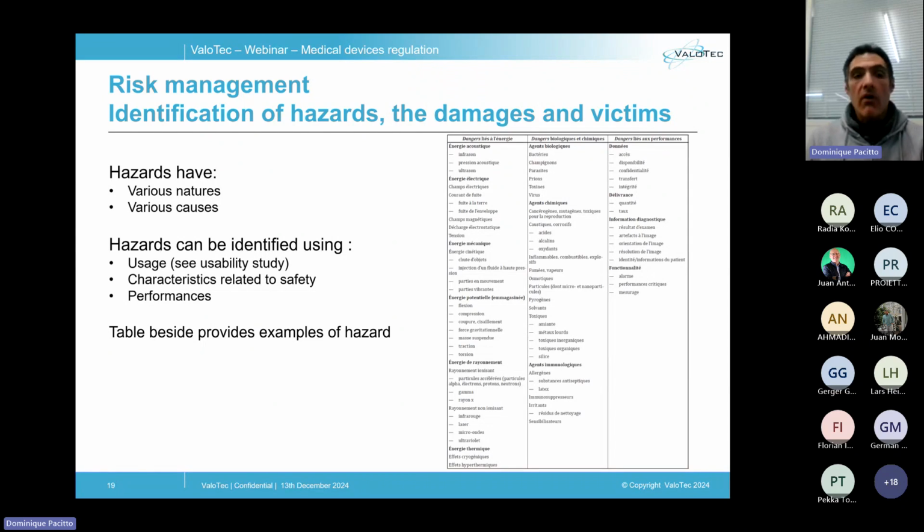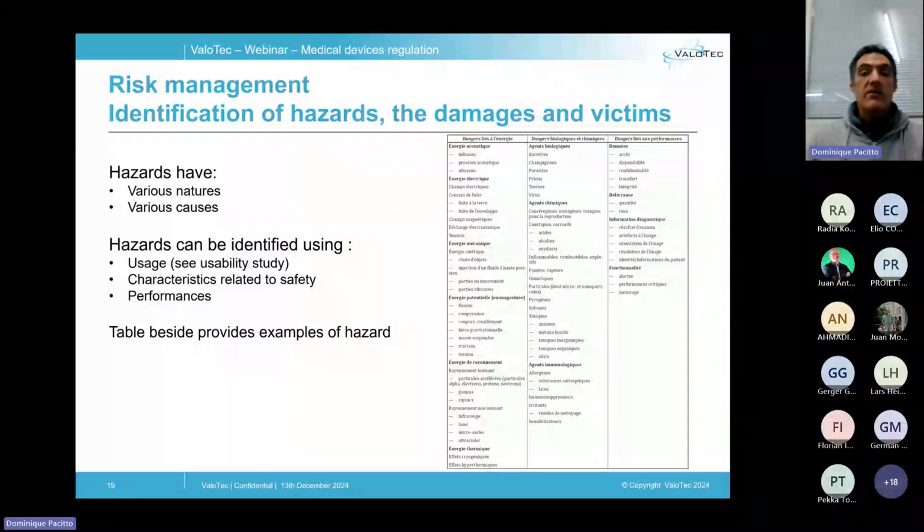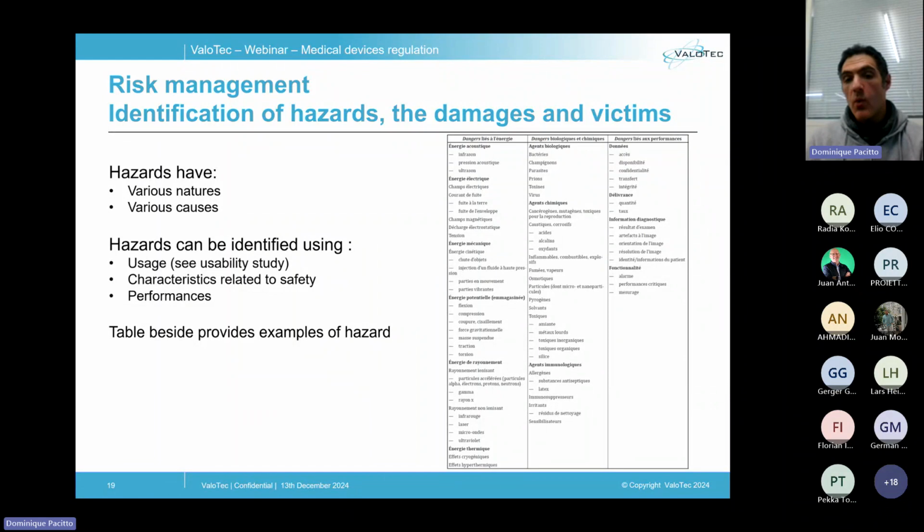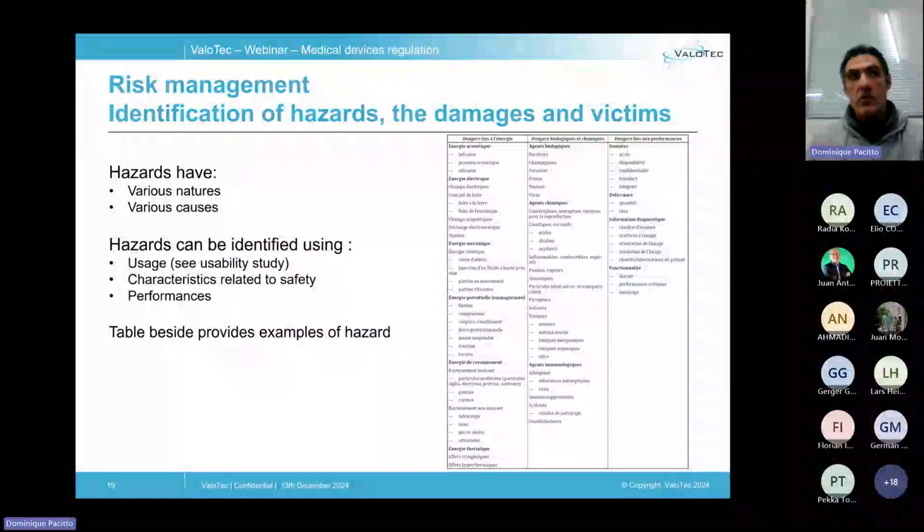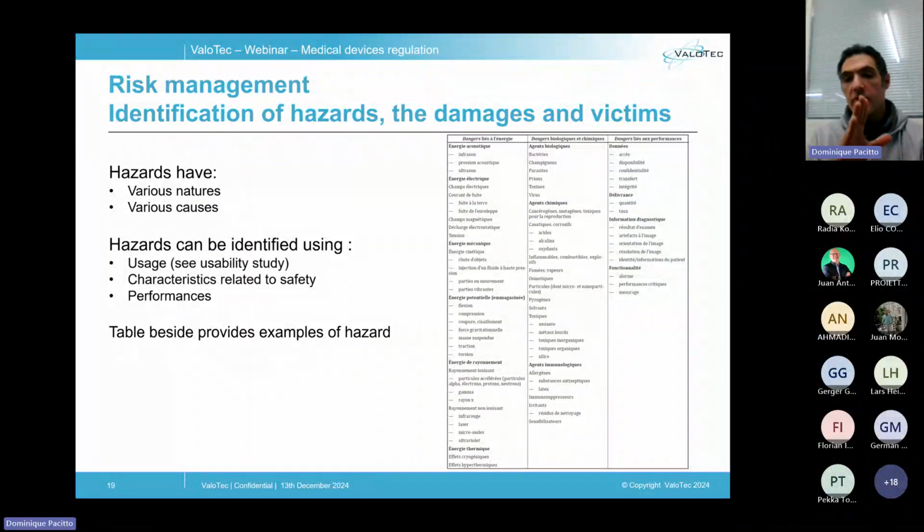And moreover, you can find in Annex C of the standard ISO 14971 lists of hazards to help in this identification. Sorry, the text here is in French because we wrote the slide in French.